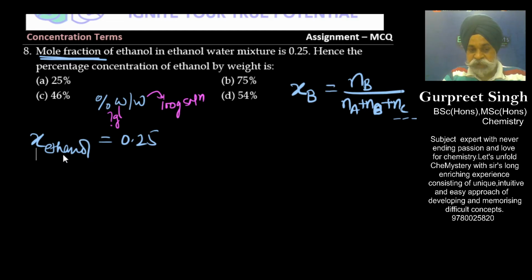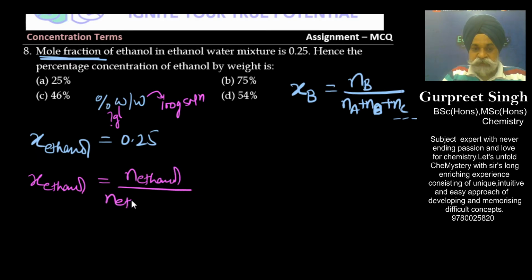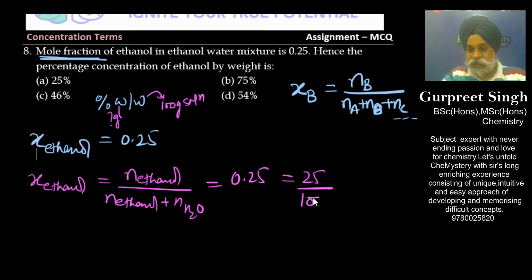And what is being given is mole fraction. So I can say mole fraction of ethanol simply means number of moles of ethanol upon number of moles of ethanol plus number of moles of water. So this is 0.25, which I can write as 25 by 100, which now I can write very smartly like this: 25 upon 25 plus 75, as simple as that.